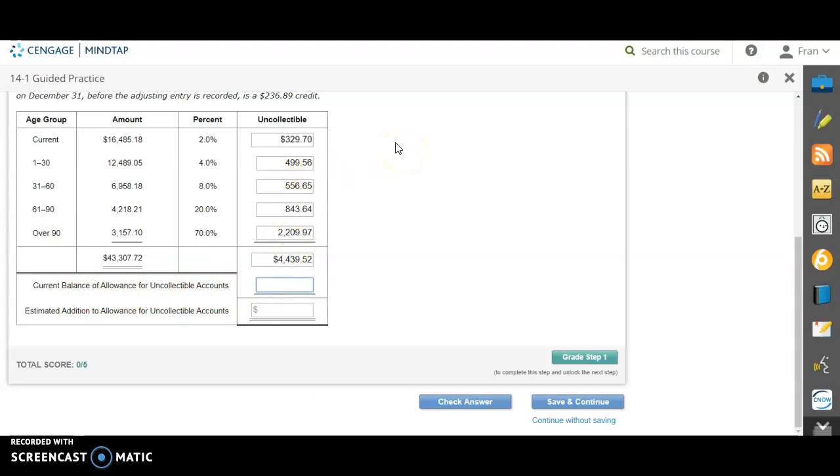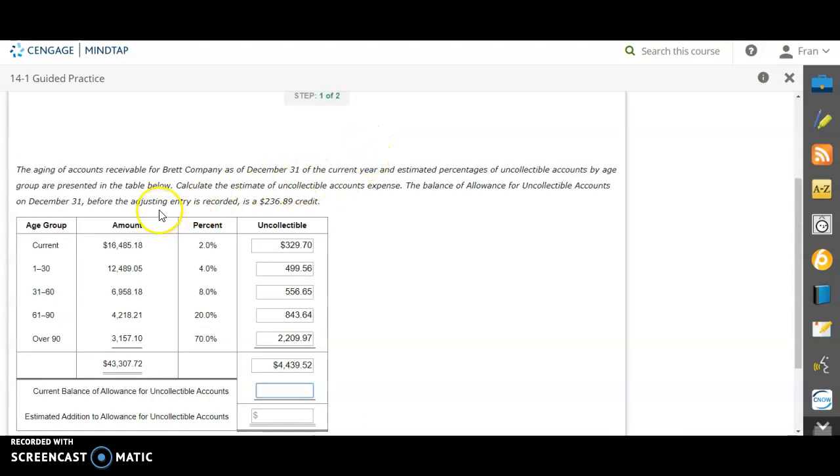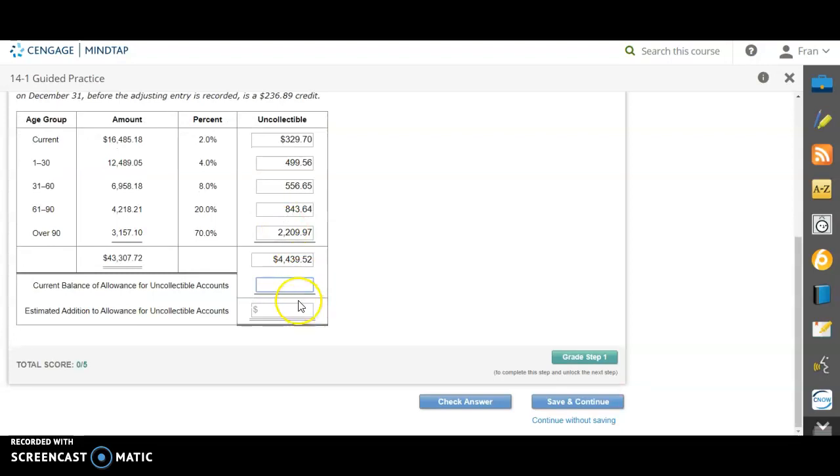We had to get up to this far, and every month we probably are adding to it. So think about the worksheet that we're doing at the end of the month. The balance of the allowance for uncollectible accounts before the adjusting entry is $236.89. So we have to put that in here because it had a balance before this month started.